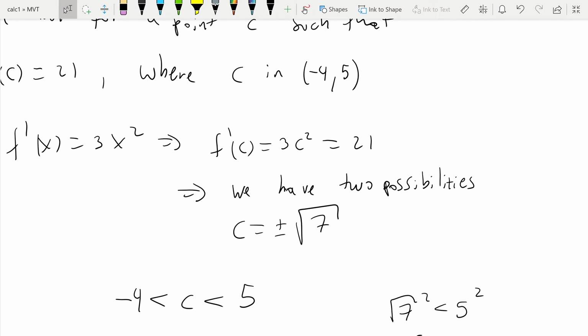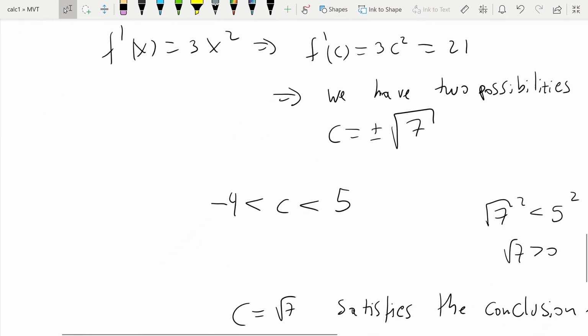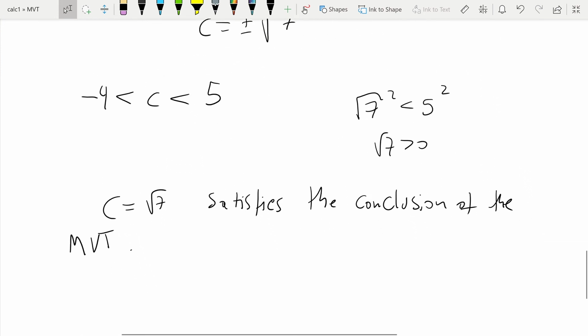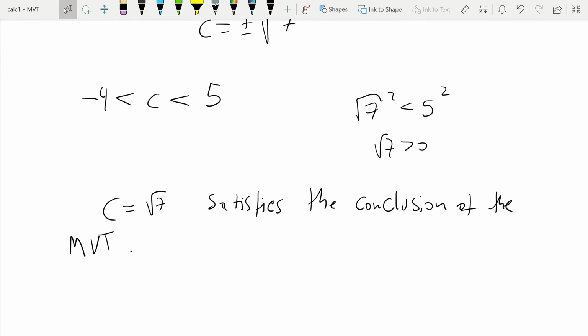Then you're going to have a number of possibilities. Discard those that are not inside the interval, and just pick whichever of the ones lying inside the interval, and that will be your solution. That will be a value of c that will satisfy the conclusion of the mean value theorem.